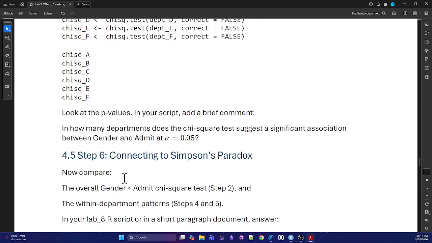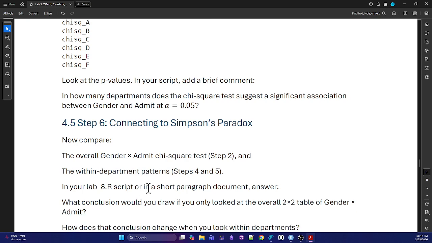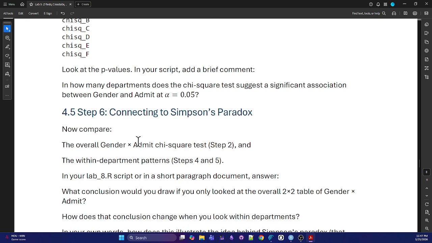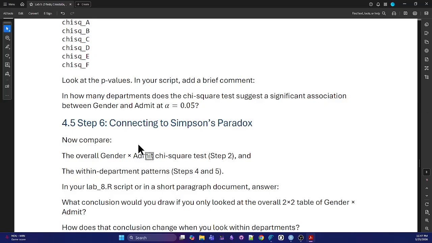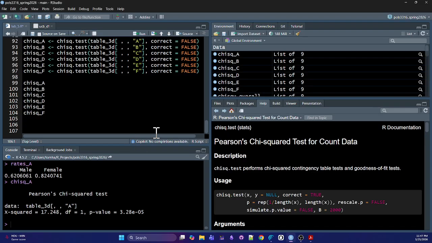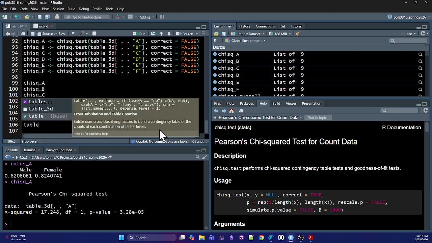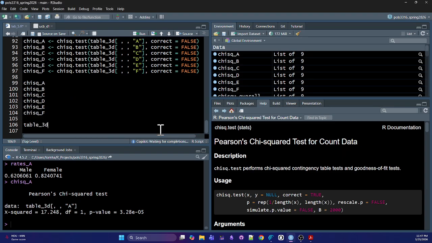And so why does that happen? Well, because of not the admission rates, but the application rates.